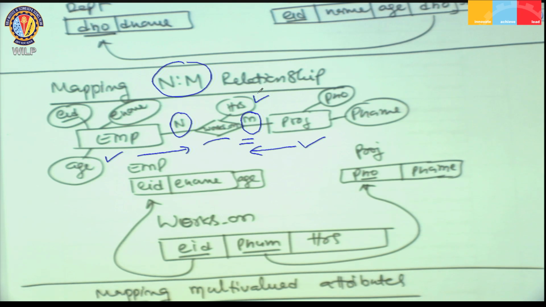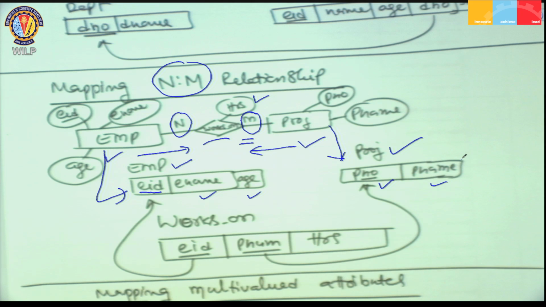Now coming to the mapping, this is a regular entity type, so it has been mapped into the employee relation schema, and the project entity type has been mapped into the project relation schema. Employee ID is the primary key and the other attributes are fields of this relation, and then project number is the primary key and other attributes become fields of this relation schema.